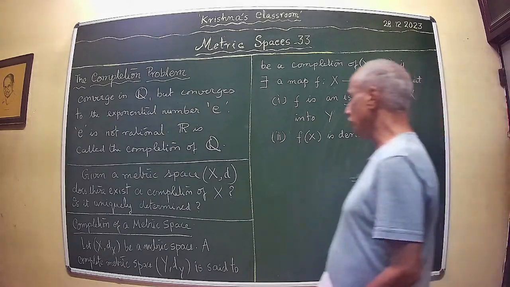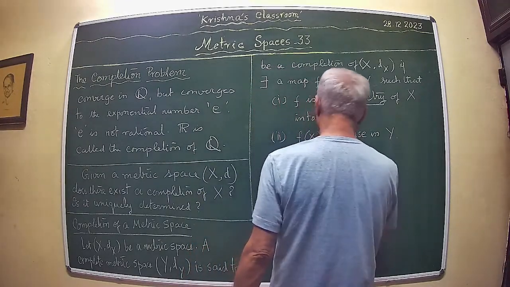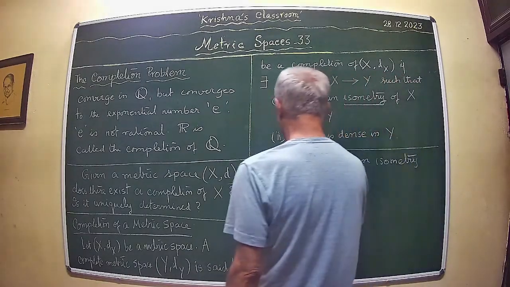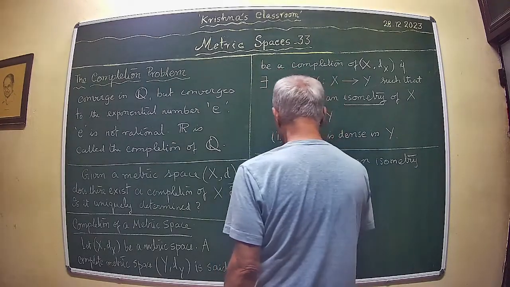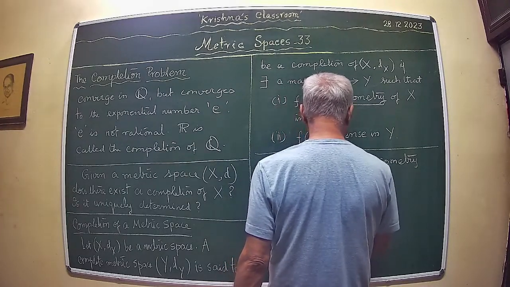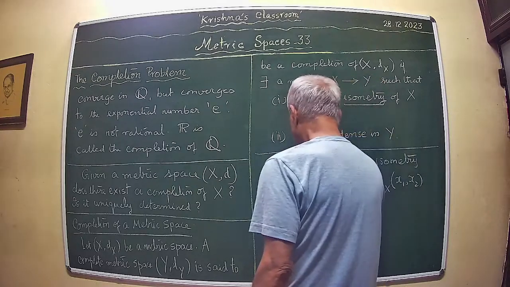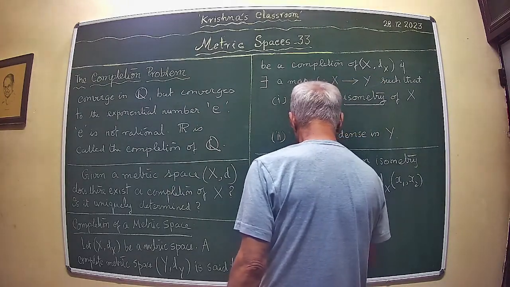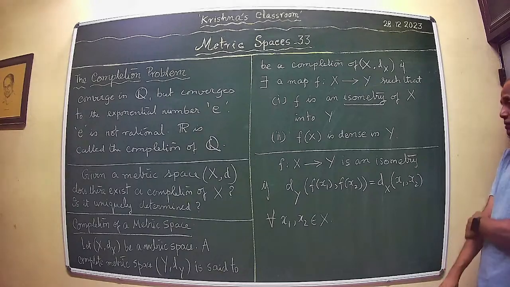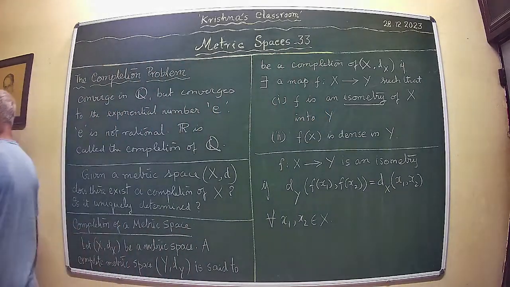What do we mean by F is an isometry? F from X to Y is an isometry if for every x1, x2, that means the map, there exists a map F from X to Y such that the distance between 2 points remain invariant under this map.